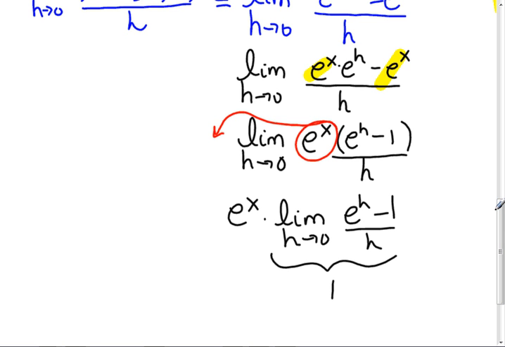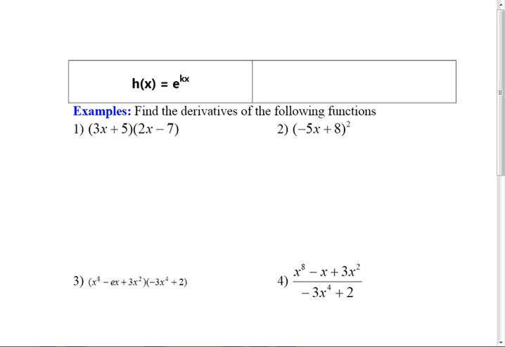Okay? So now we're going to turn the page and do one more. I'm not quite sure why it's there. I don't know if it's in the homework or not, because it's really what I call the chain rule.